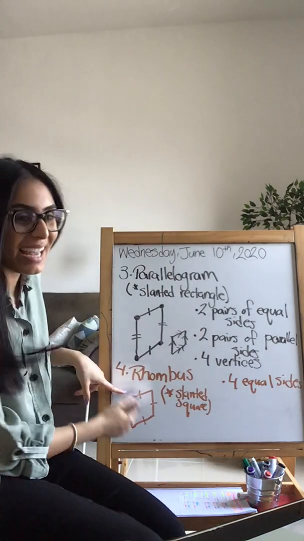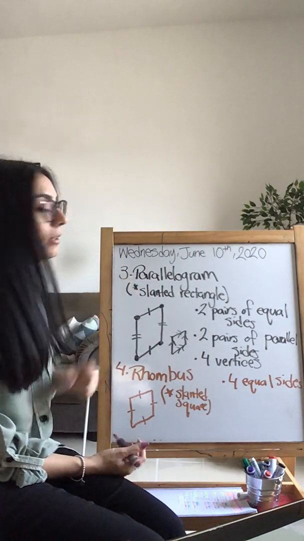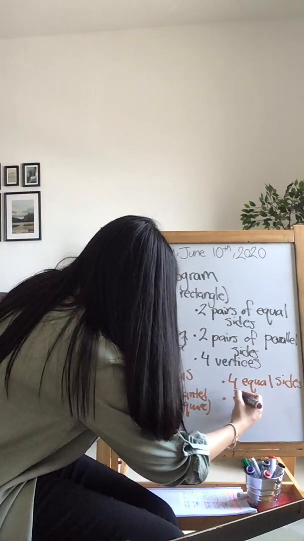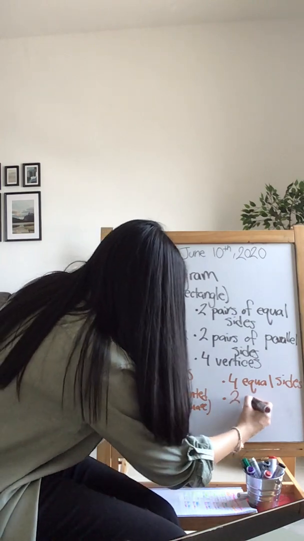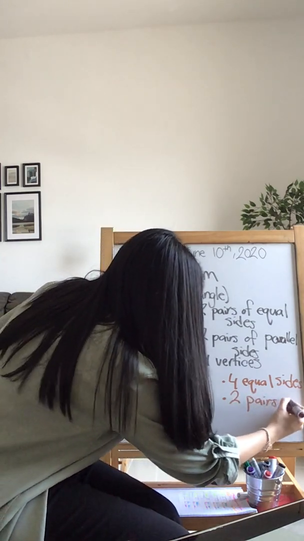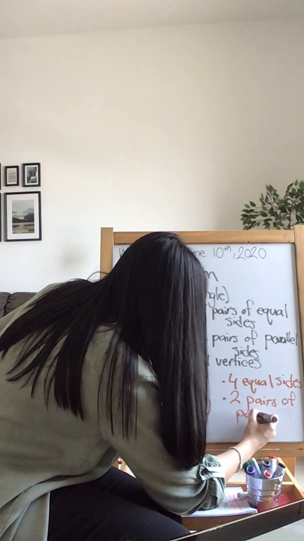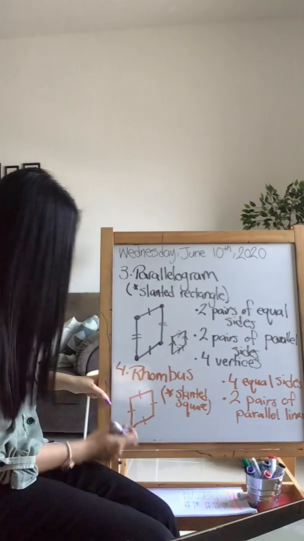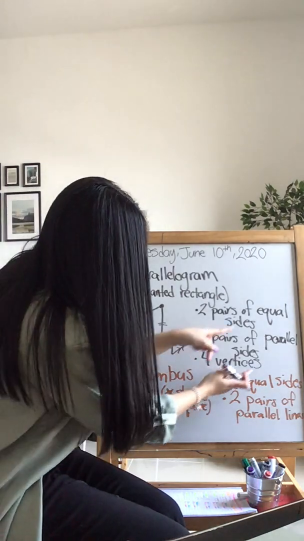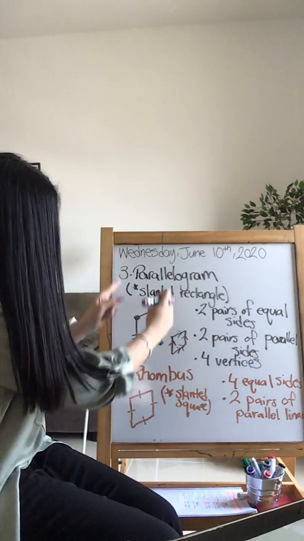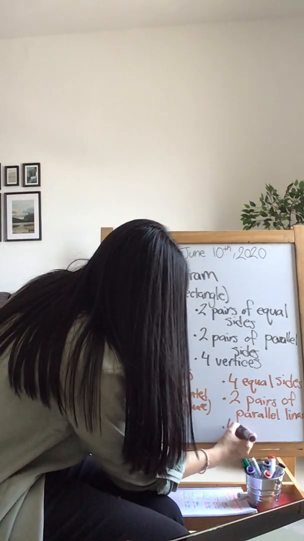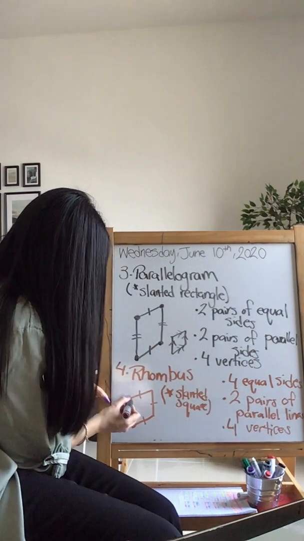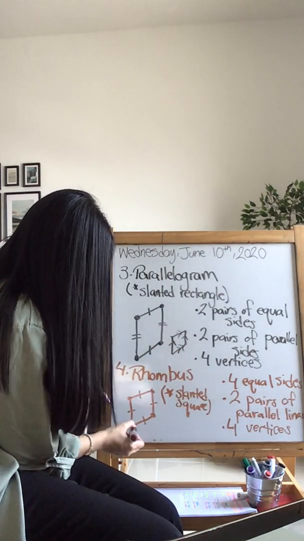Square and rhombus kind of go together, and rectangle and parallelogram kind of go together, okay? And then there are 2 pairs of parallel lines. These 2 are going in the same direction, and these 2 are going in the same direction. And then, as always, 4 vertices. So 1, 2, 3, 4.